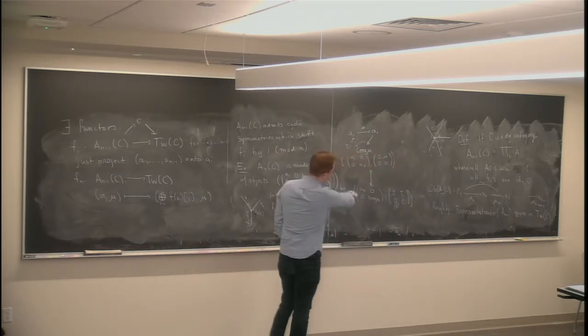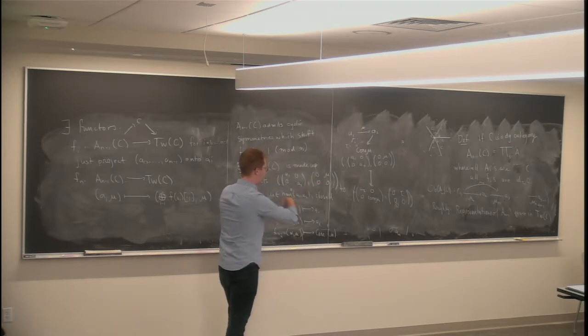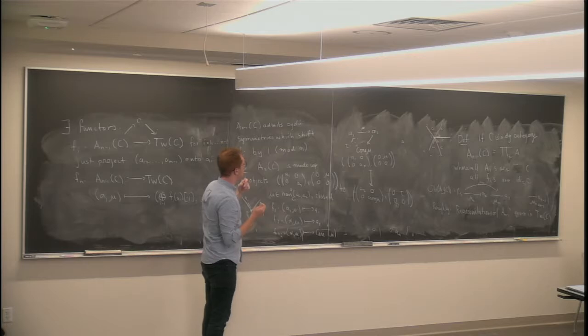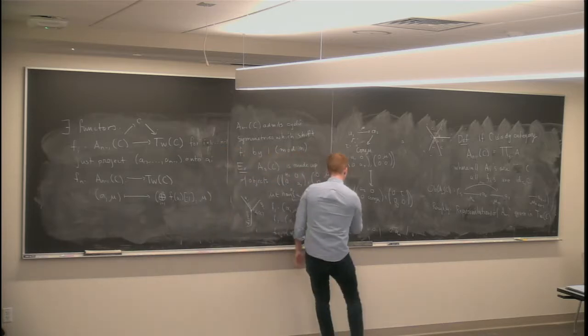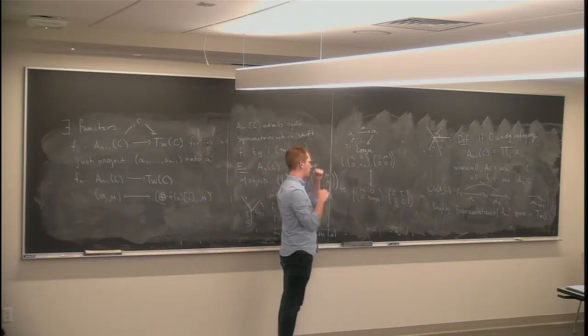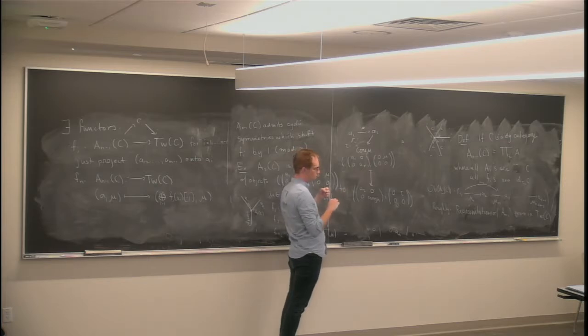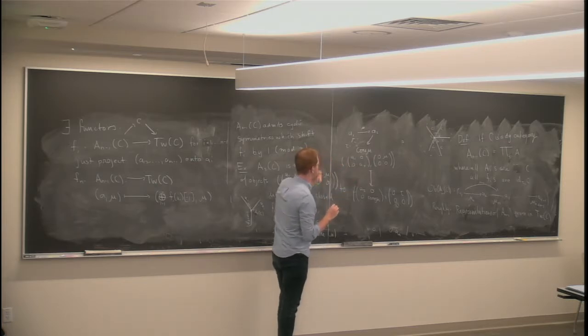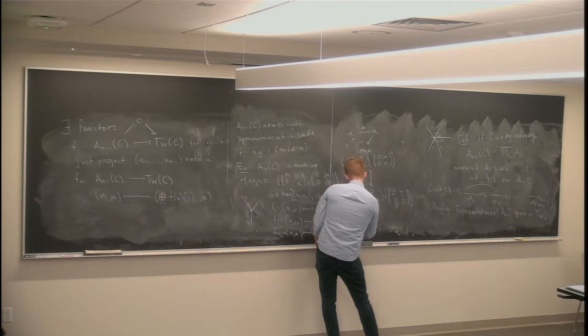This functor is a quasi-equivalence going from A_2(C) to A_2(C). And you see that if you apply this 3 times, you get back to where you started, but with a shift by 1.